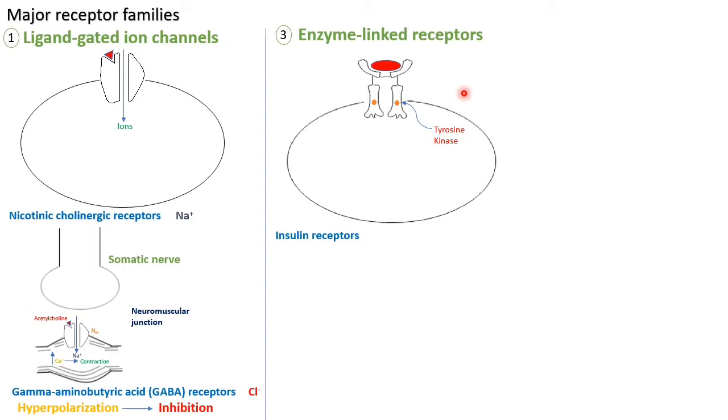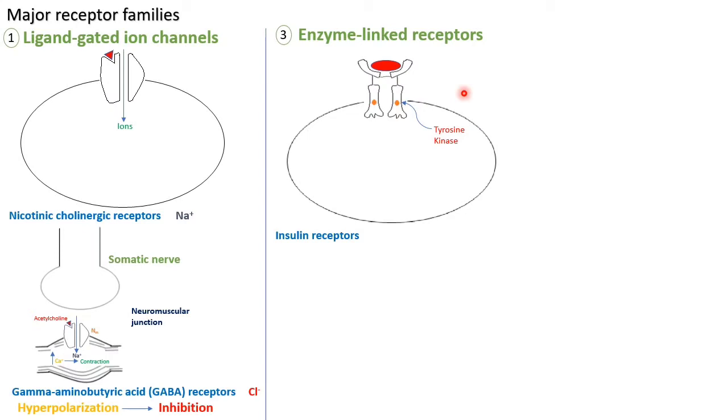Tyrosine is an amino acid, and kinase means the addition of phosphorus. So when this enzyme works, it adds phosphorus to tyrosine amino acid.